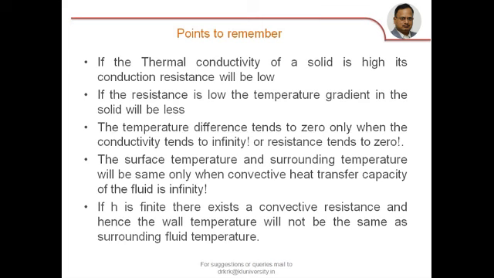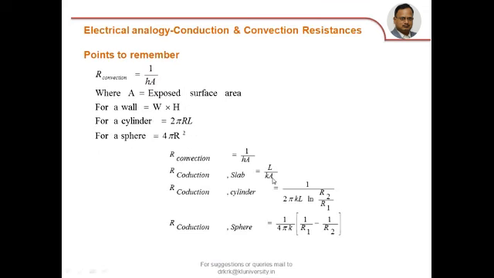For conduction resistance, three different formulas are derived: one for a slab, another for a cylinder, and the third for a sphere. For a slab it is L by KA. For a cylinder it is 1 by 2 pi KL times log R2 by R1. And for a sphere it is 1 by 4 pi K times (1 by R1 minus 1 by R2).